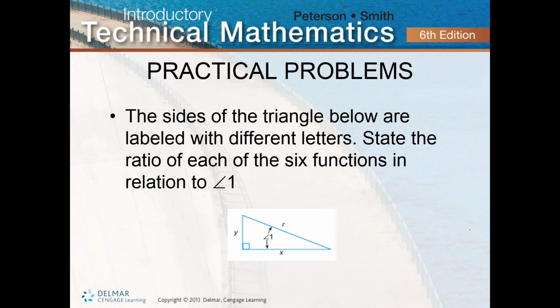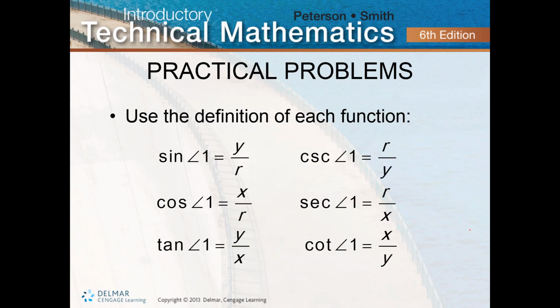So that is going to be y over r. Cosine, adjacent over hypotenuse, so x over r. And then tangent will be y over x. Look down here, y over r, x over r, y over x. And then r over y, r over x, x over y.